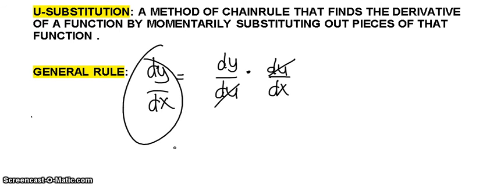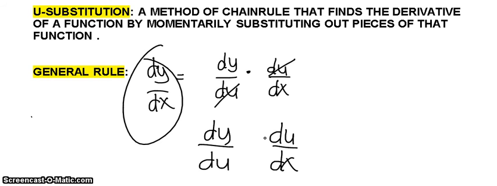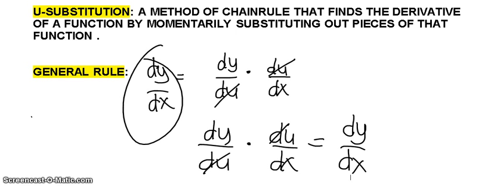You find this by splitting it up into two pieces, dy du and du dx. Once multiplied by each other, they cancel the du's and once again return to dy dx. And that is a brief illustration of u substitution.